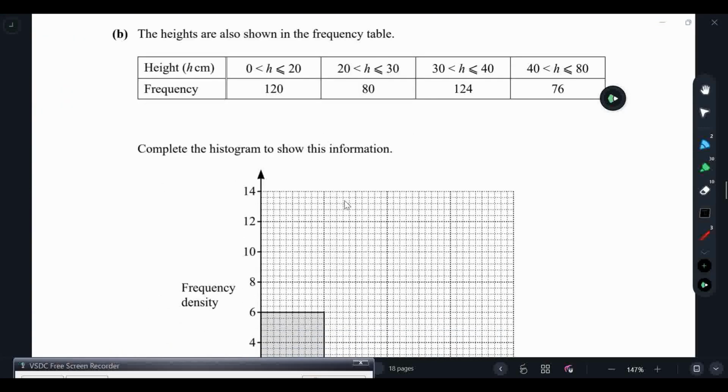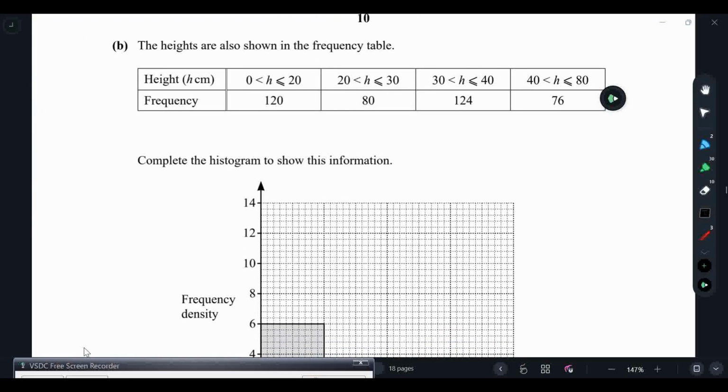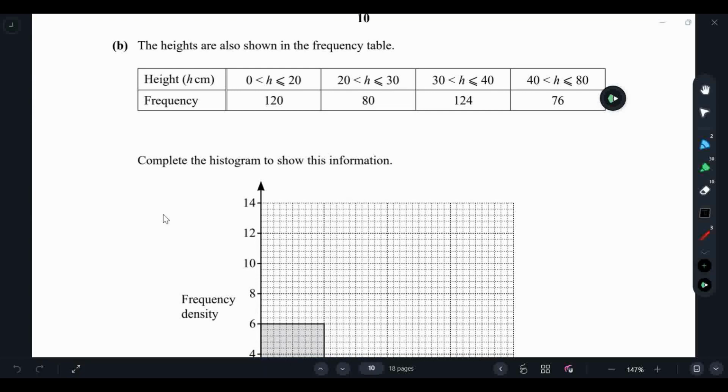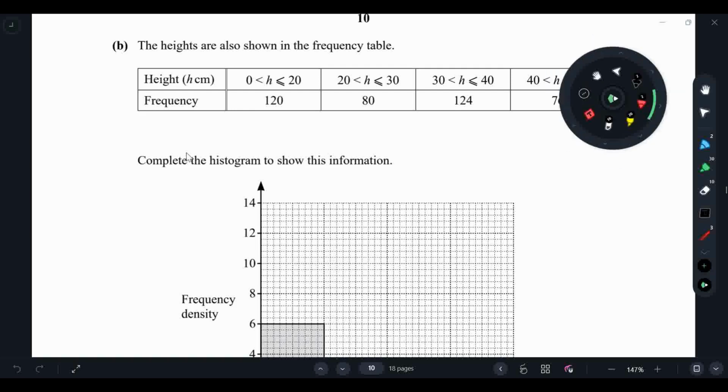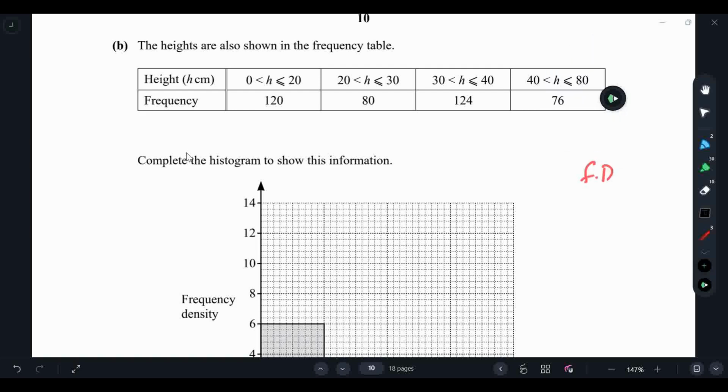Let's move to part B. The table is given to us and we need to draw the histogram. For frequency density, the formula is frequency divided by class width. Here the class widths are 20, 10, 10, and 40.